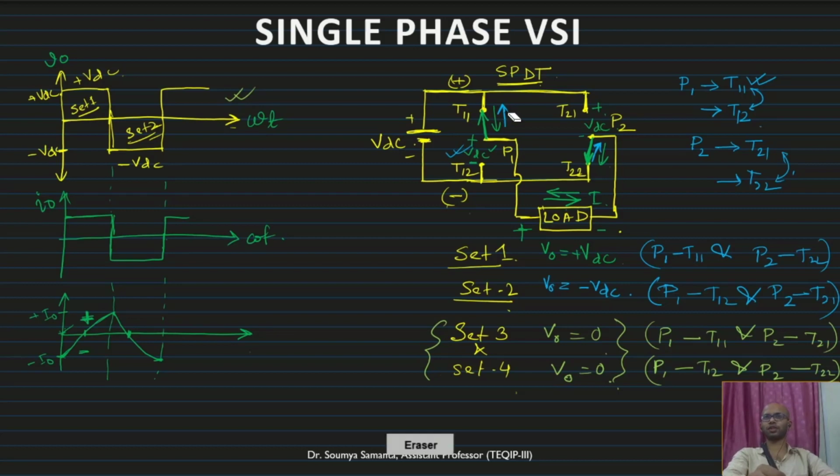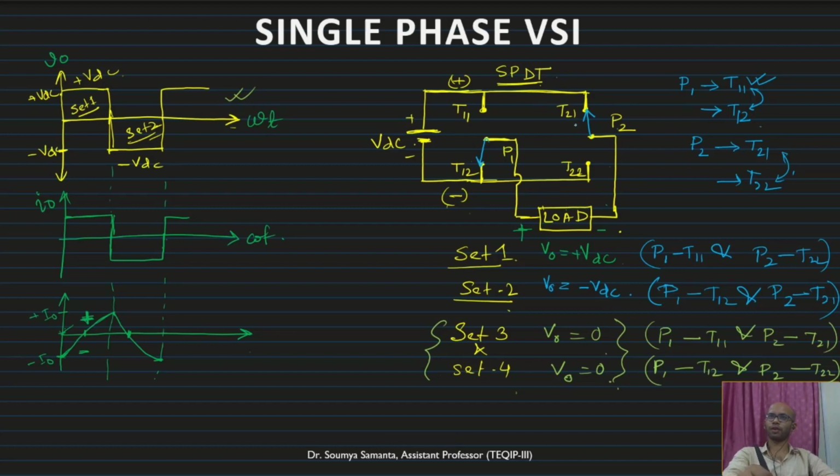Now let us check set 2. This is set 2. Now what will happen? Similarly here also, if it is an R load, then what will be the direction of the current?